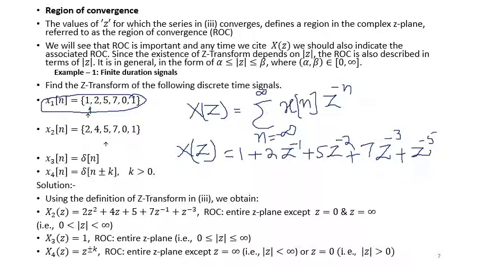Other than that, we can say the ROC for it will be the entire z plane, and we can write it like the absolute value of z must be greater than 0, because if z is equal to 0, putting 0 here will result in infinity. So I hope this gives you an idea. I leave the rest of the examples to you, and I hope you can do them. I'll also leave the answers here.